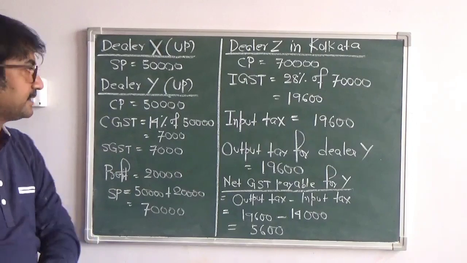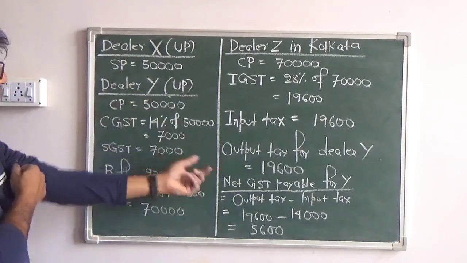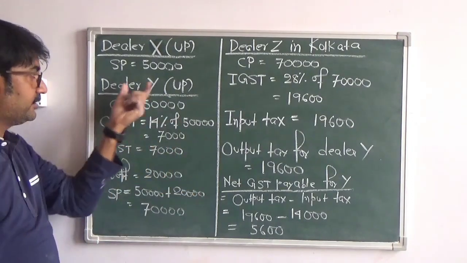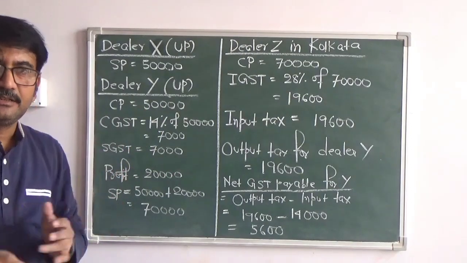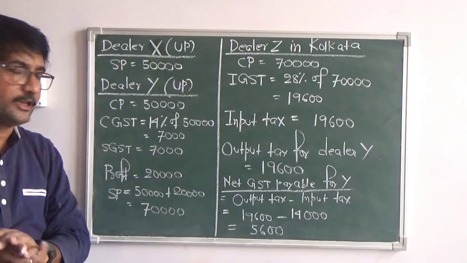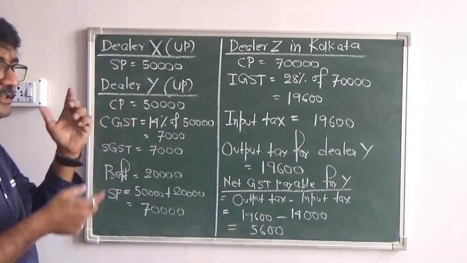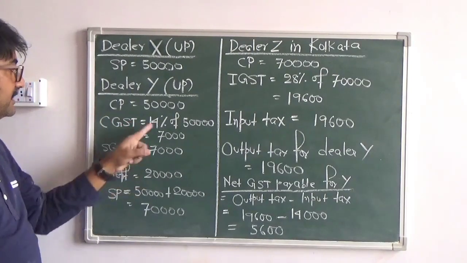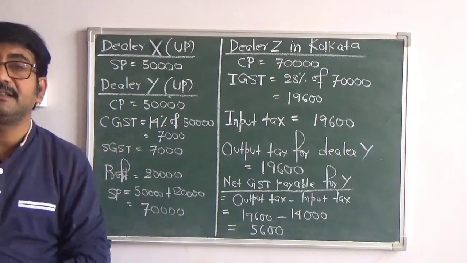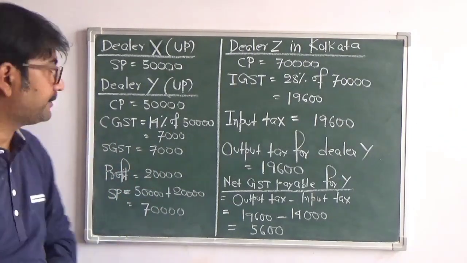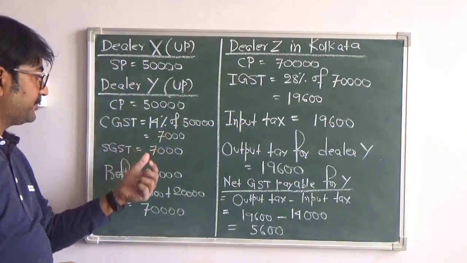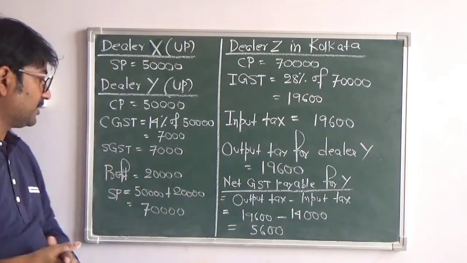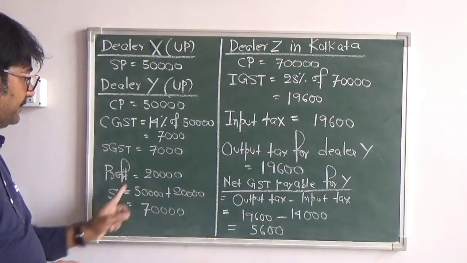Now for dealer Y in UP, the CP is 50,000. Since it is the same state, CGST and SGST are applicable, so it is 7,000 and 7,000. So what is the total input tax? The total tax paid by the dealer while purchasing is 7,000 plus 7,000, that is 14,000. Profit he gives is 20,000, so the selling price becomes 70,000.